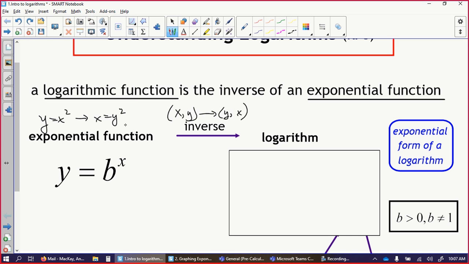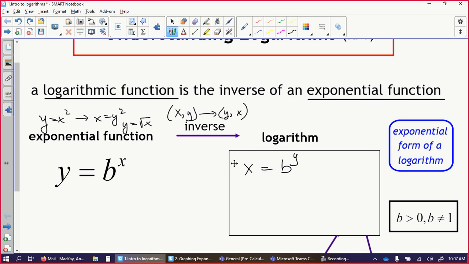We take the square root of both sides, so we get y equals the square root of x. So if I take the inverse of this, we would have x equals b, because the base doesn't change, to the power of y. So there's our inverse, but that doesn't really help us a whole lot.